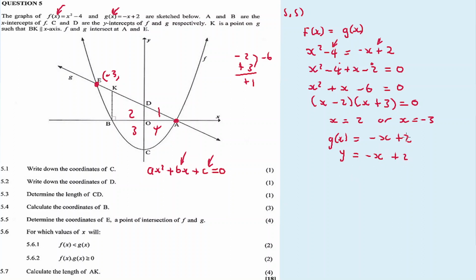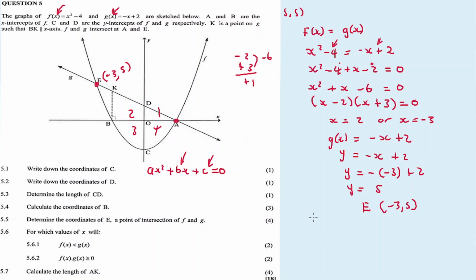So for x I put in minus 3: y equals minus negative 3 plus 2, y is equal to positive 3 plus 2, which is 5. Therefore the coordinates for E are minus 3 and 5. These are the coordinates for E.